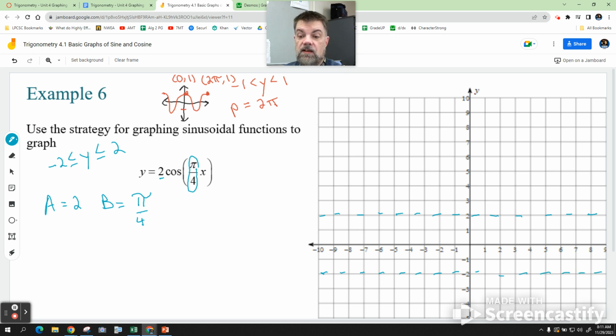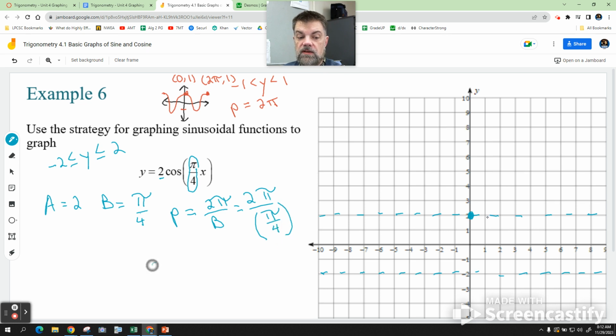Okay? Alright, cool. So I know that that first point is going to be right here. Does that make sense? Now I've got to calculate what the period is. So the period P is equal to 2 pi over B, which is 2 pi over pi over 4.